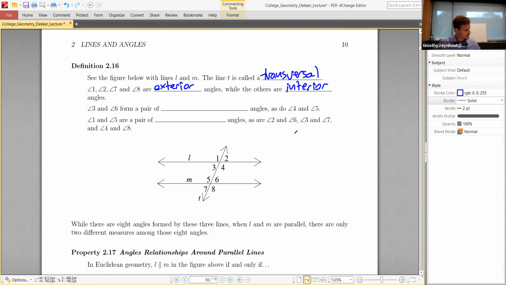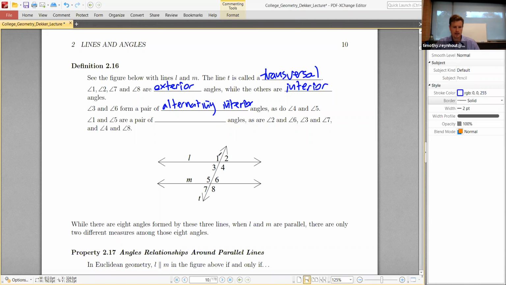That's easy enough. Angles 3 and 6 form a pair of alternating interior angles. Alternating interior angles. 3 and 6 do, as well as 4 and 5.